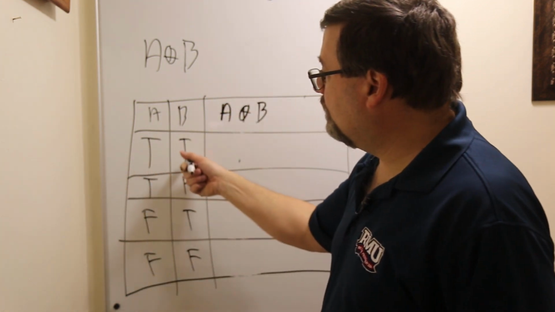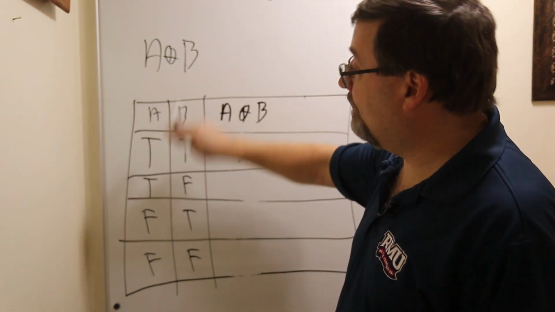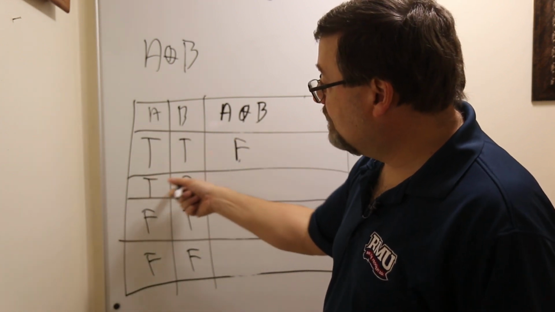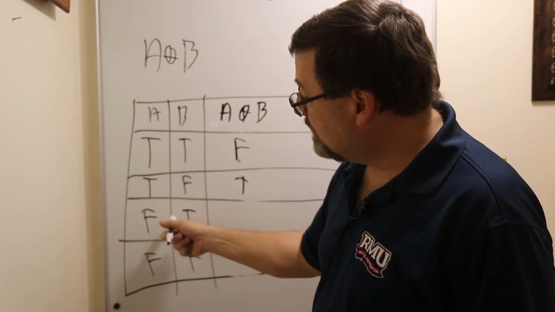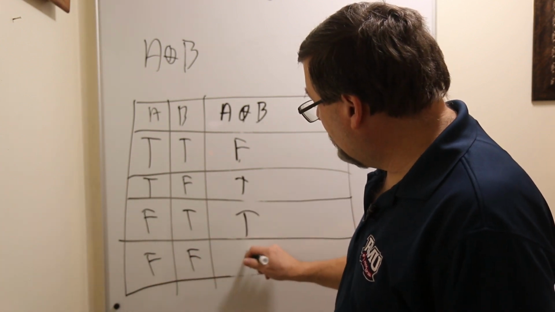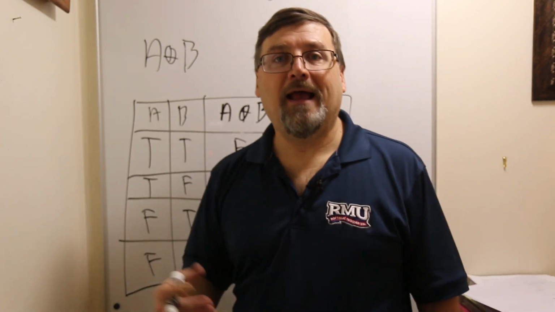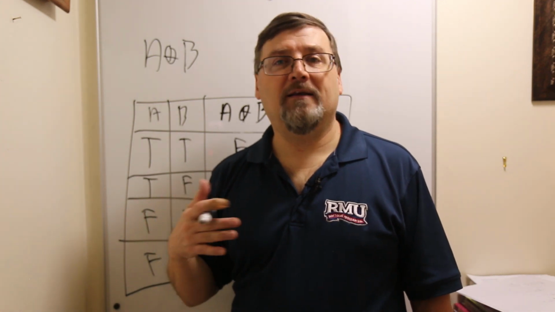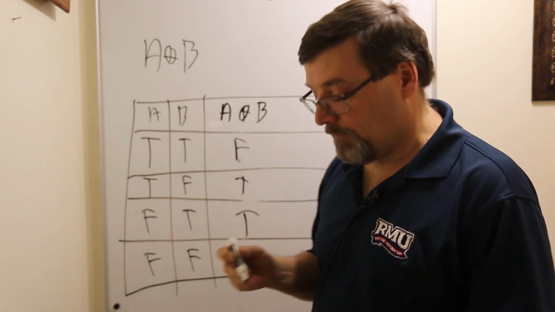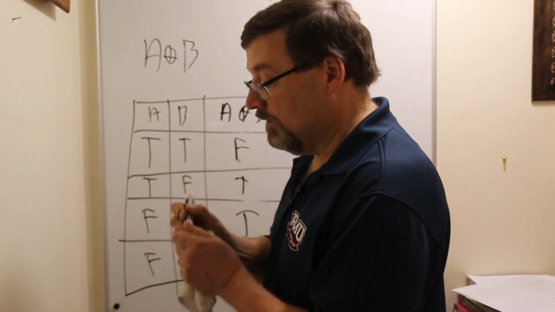So true XOR true is actually false. True XOR false is true. False XOR true is true. False XOR false is false. So XOR is the same as OR, except they both can't be true. So it's exclusive OR.